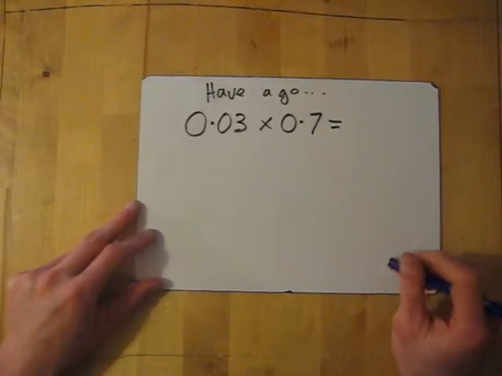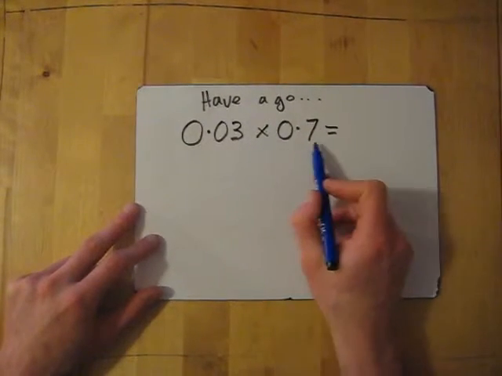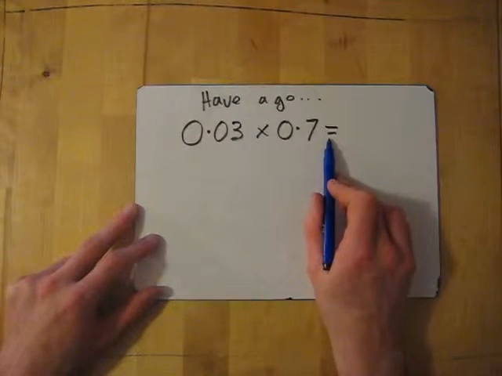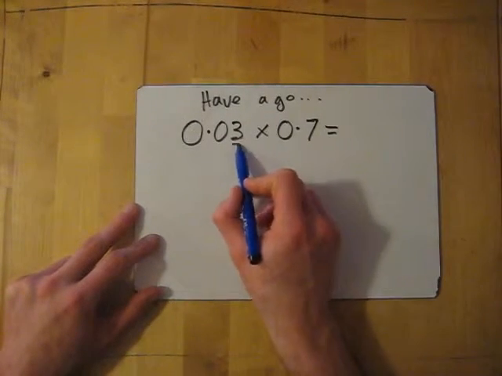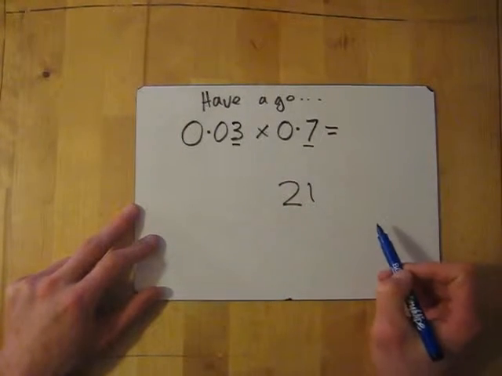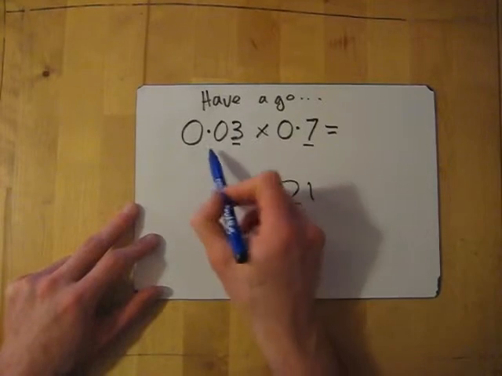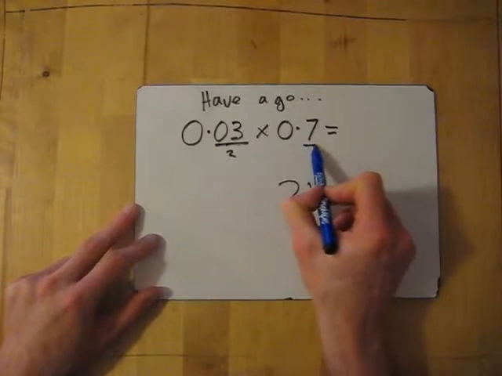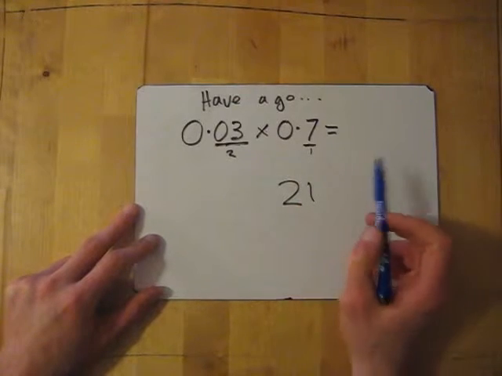So 3, 2, 1. So 0.03 times 0.7. So forget about decimals, so I'm just going to go 3 times 7. 3 times 7 is 21. Then, how many numbers have I got after decimals? I've got 2 here, and I've got 1 here. So altogether I've got 3.